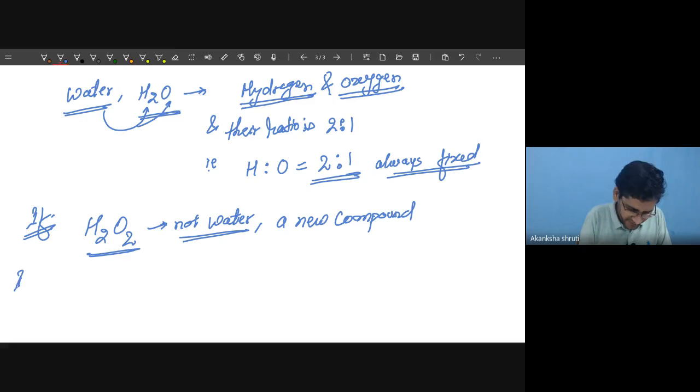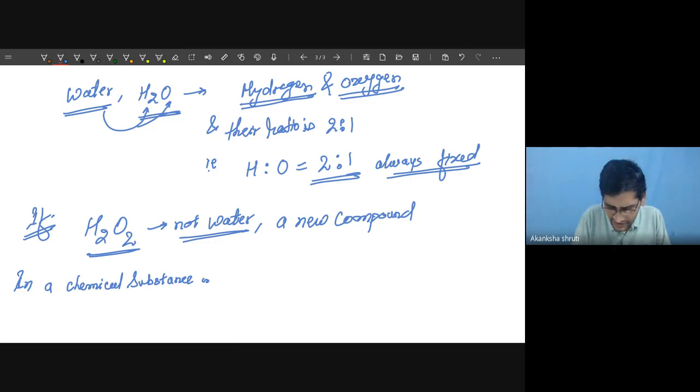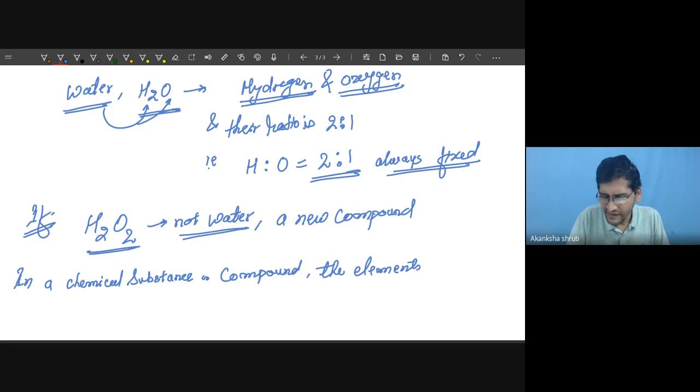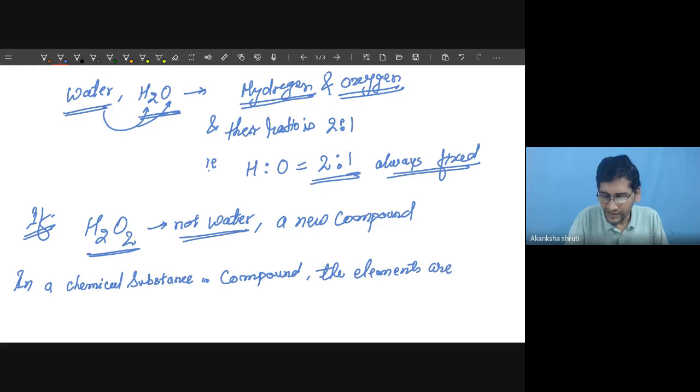So, in a compound or chemical substance, or a better term is compound, the elements are always present in a fixed proportion.